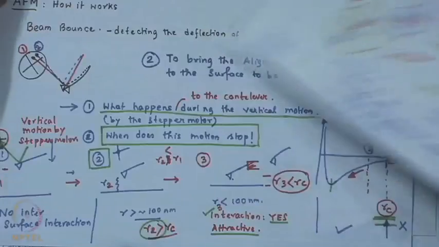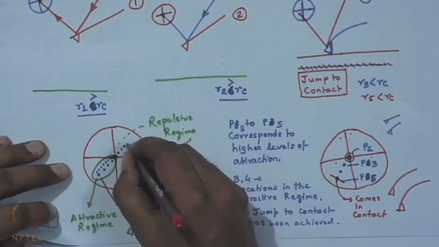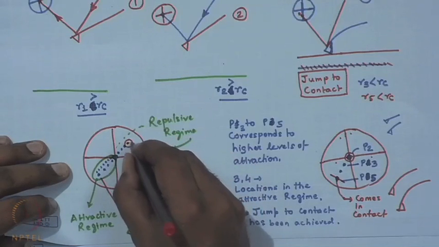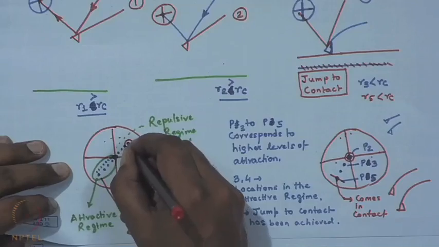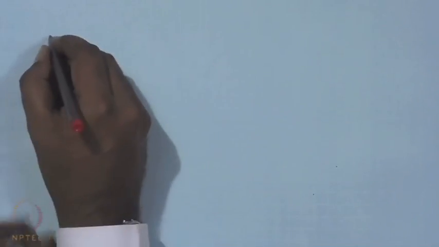So, in other words, what happens is, let us say this is your set point you have specified. So, 2 millivolt, you understand it, the moment this deflection now matches 2 millivolt, the approach stops, or the stepper motor stops.